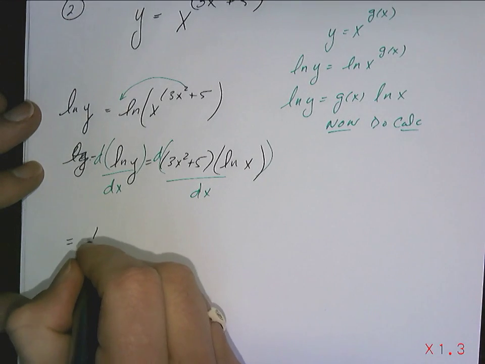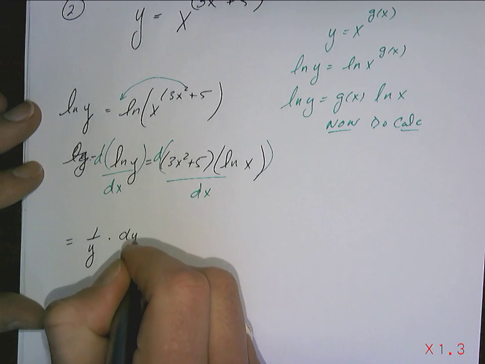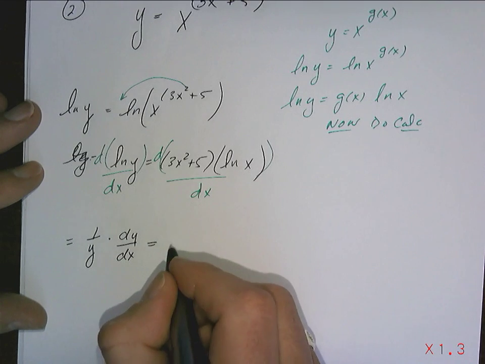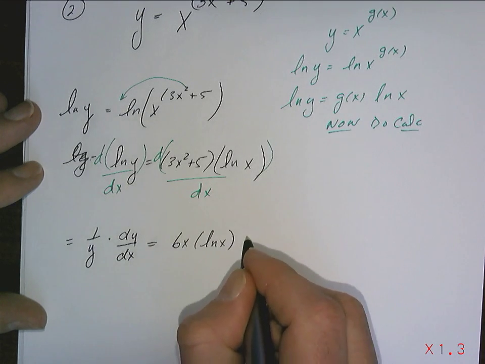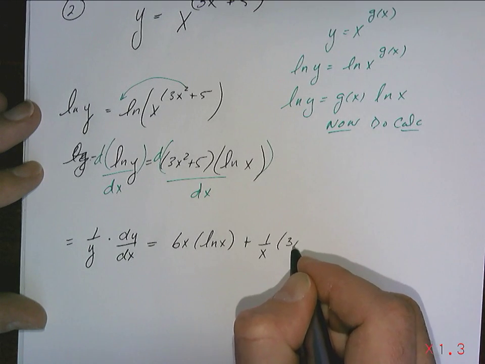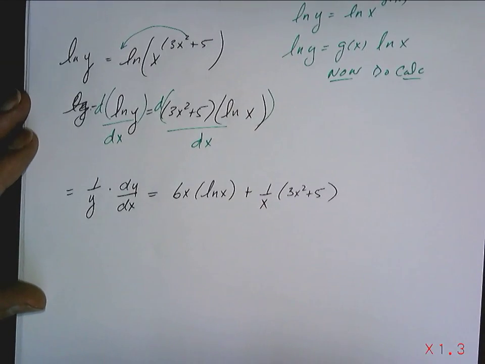So it's going to be 1 over y times dy by dx equals the derivative of the first times the second plus the derivative of the second times the first. And again, if you wanted to put in other steps in there, I'm really good with that.